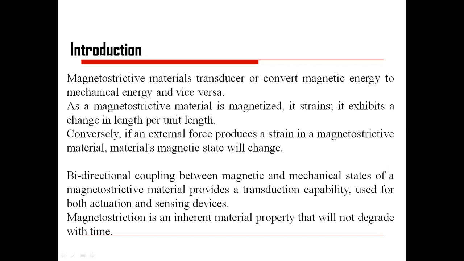Now, as it is bidirectional, meaning it works in both ways, the bidirectional coupling between the magnetic and mechanical state of the magnetostrictive material gives you transduction capability, used for both actuation and sensing. Actuation means, suppose I have a switch and I want to start it, so we are activating that switch. The other is the sensing device.